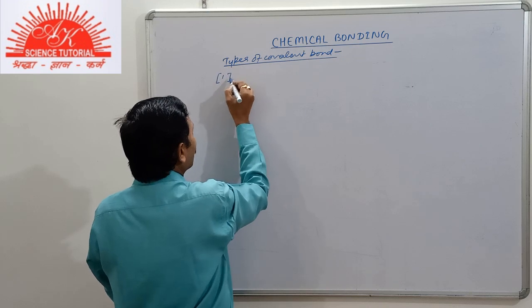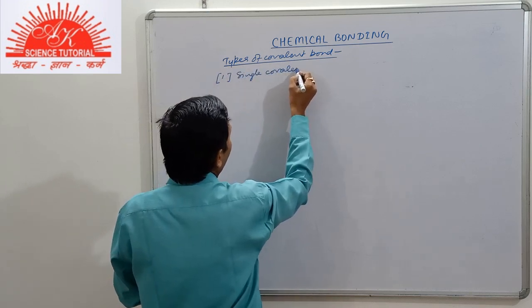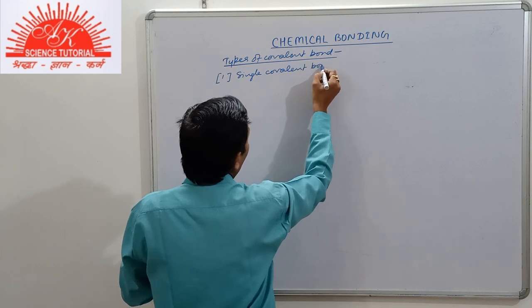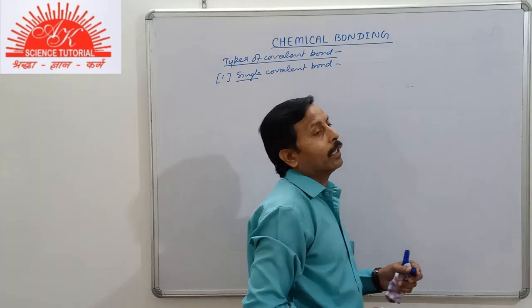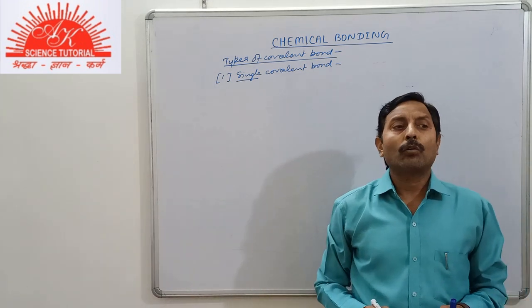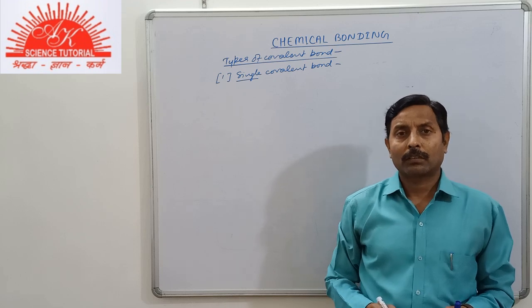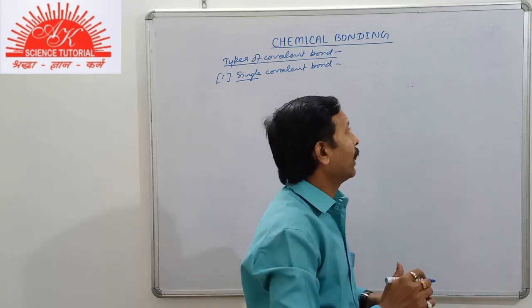First, single covalent bond. Now, as the name suggests, single means the two atoms will impart one electron each. Hence, there will be the sharing of one pair of electrons.